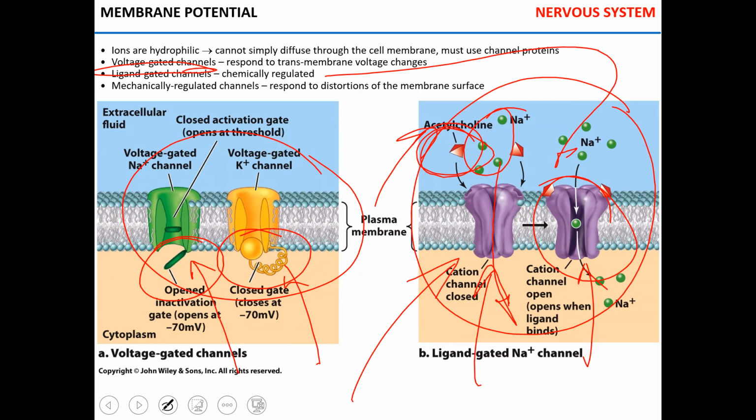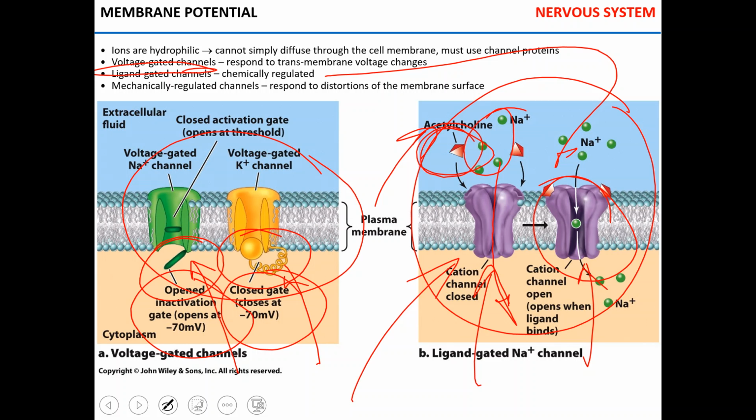If the channels are opened and closed in response to changing membrane potential, so you see it opens at -70, closes at -70. So at a certain value of membrane potential, the channel is getting opened or closed.